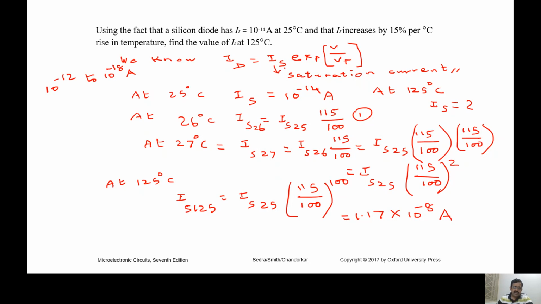Now this is only theoretical; nobody can raise the temperature of a diode this much. This is only to underline the concept of the temperature dependence of the saturation current. This problem was given. I hope you understood.